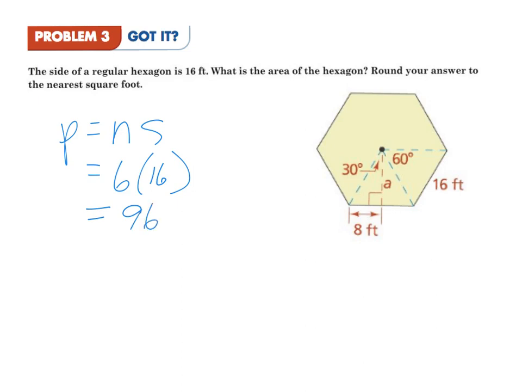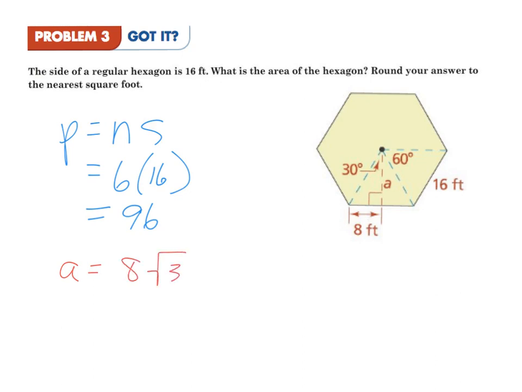We also need to find the apothem. We don't know what that is yet. I do see that I have a 30, 60, 90 triangle. So 30, 60, 90. This side right here is 8 feet, and the short side to the long side is the short leg times the square root of 3. So our apothem is going to be 8 times the square root of 3.